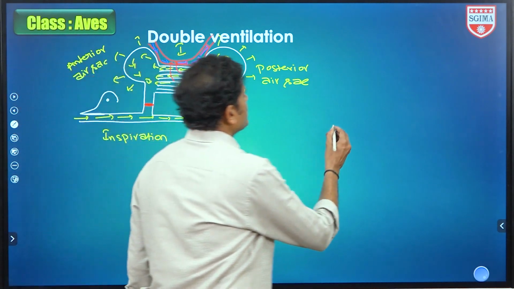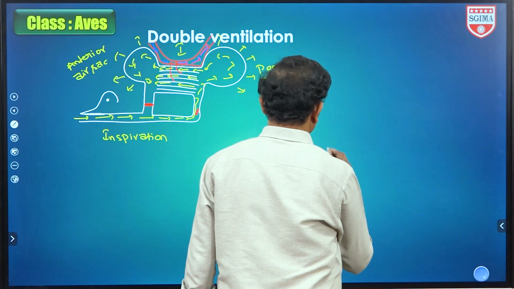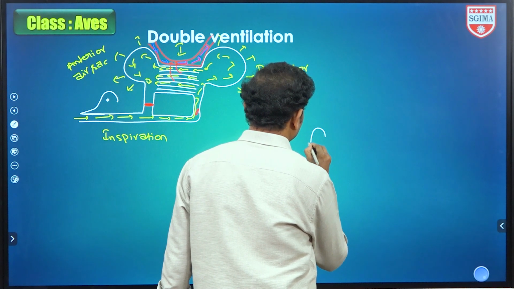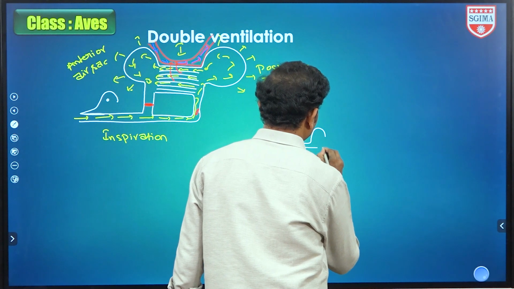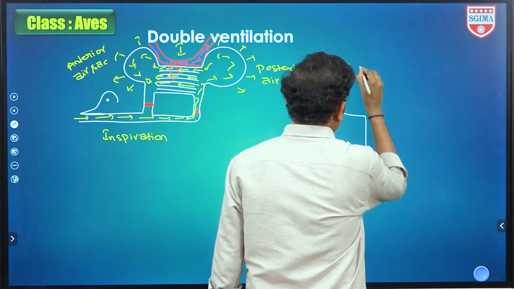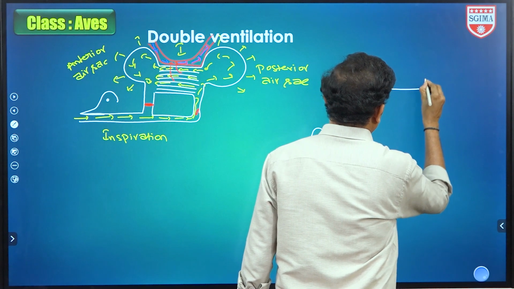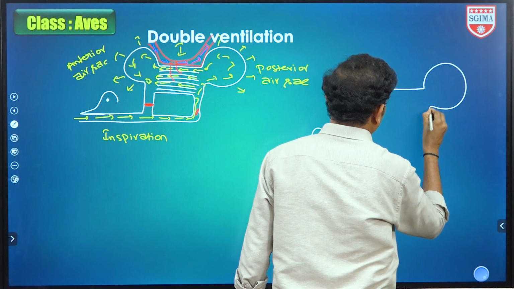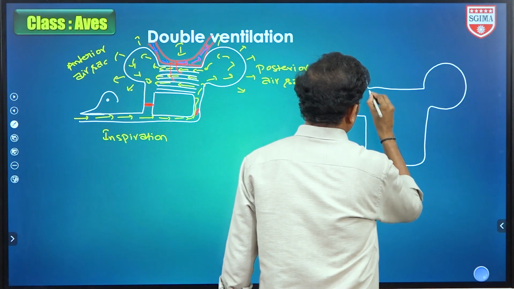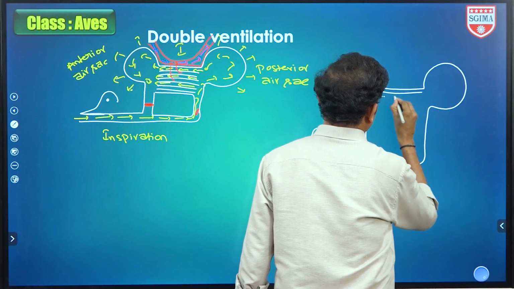expiration. So expiration में हम observe करने तो same diagram we are going to draw here. Okay, so here parabronchi.